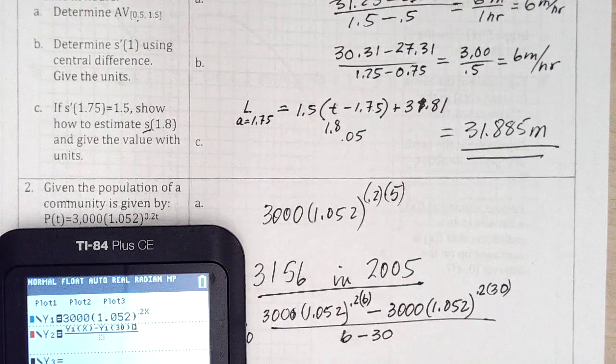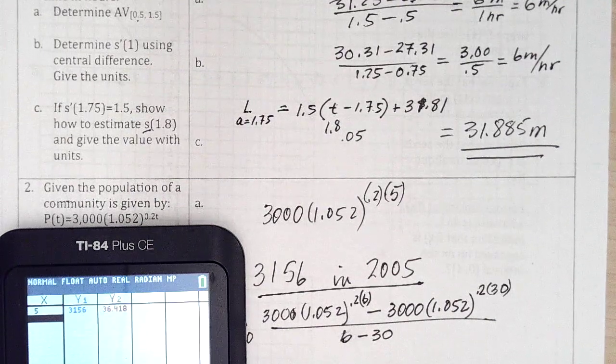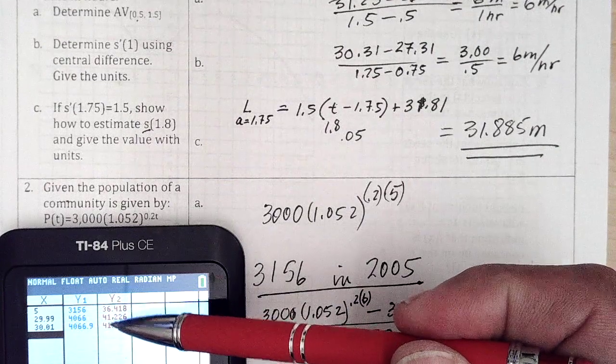So that's just plugging in the 30 and the b into the equation up here, over x minus 30. And then I want to look when x is close to 30. So I'm going to go at 29.99 and 30.01, and I'm getting about 41.2.